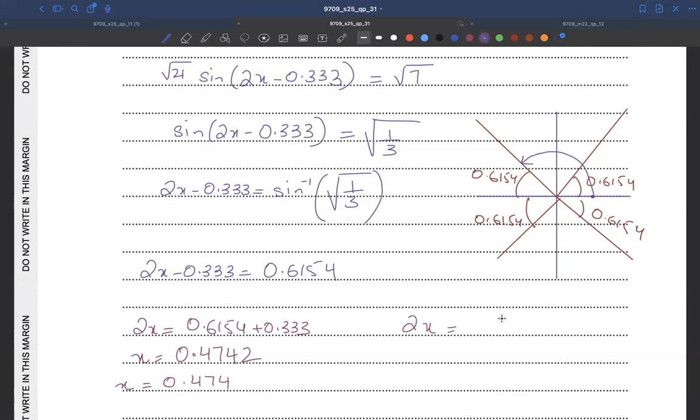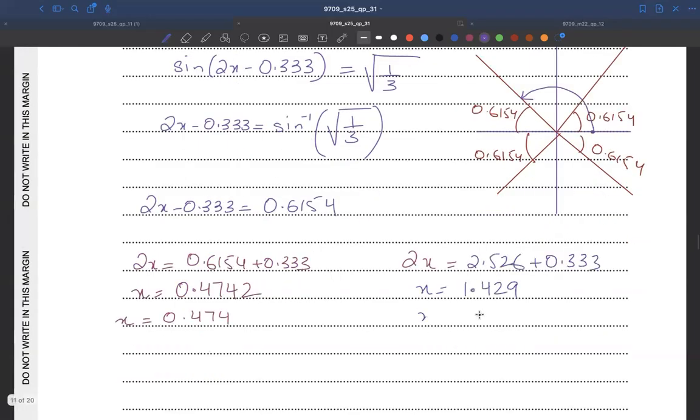So 2.526 plus 0.333, and then we divide by 2, we get 1.429. And to three significant figures, x equals 1.43.